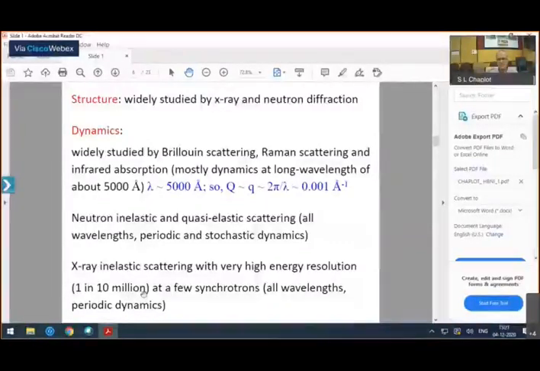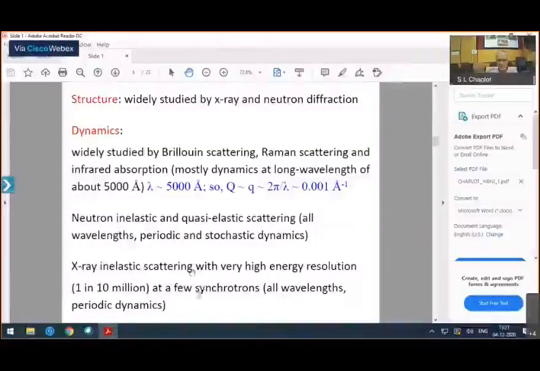And so such high resolution again reduces your beam intensities and requires a high degree of monochromatization and also the analysis of the scattered beam. So these are possible at the fourth generation synchrotrons, and again a very powerful tool. And again this has the same advantages as the neutron scattering has, like all kinds of wavelengths of periodic dynamics.